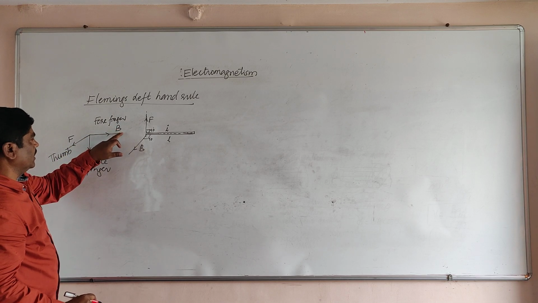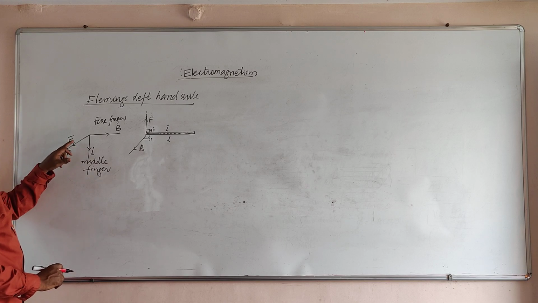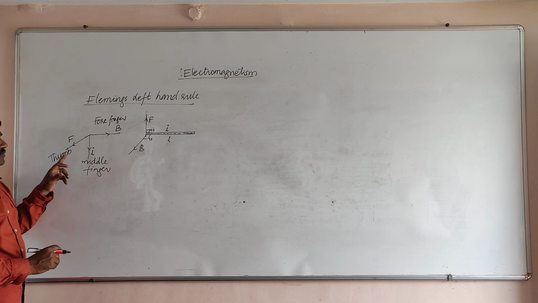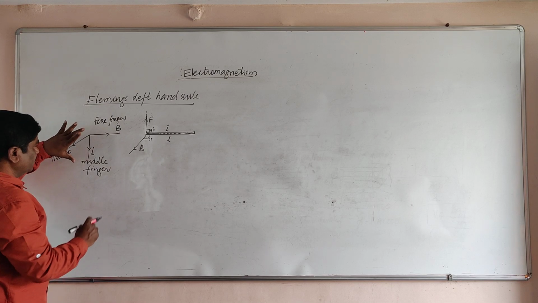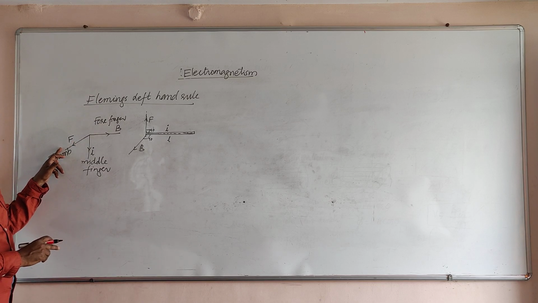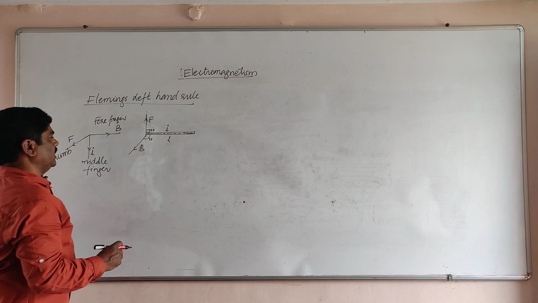It is forefinger for the magnetic field, middle finger is the direction of the current, and the thumb is showing the direction of the force acting on the conductor. So when these are mutually perpendicular, the force acting on the conductor will be in the direction of the thumb. That is explained by Fleming's left hand rule.